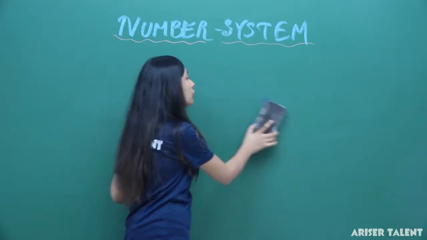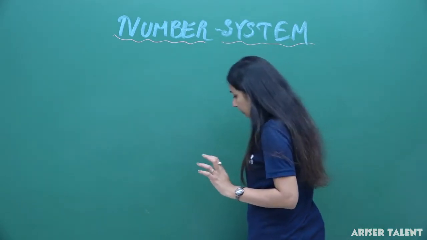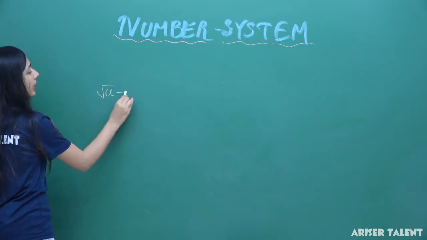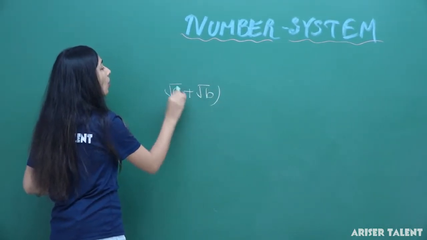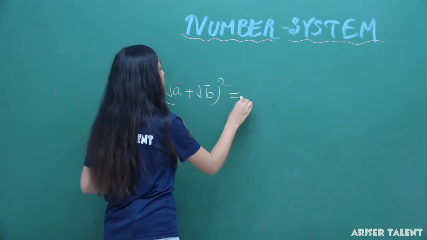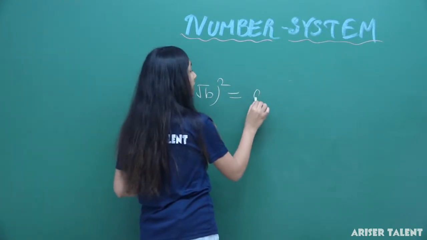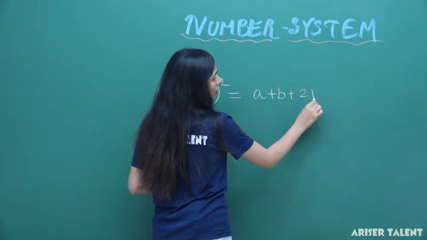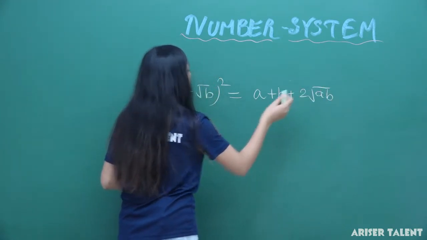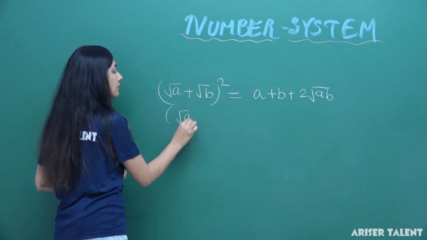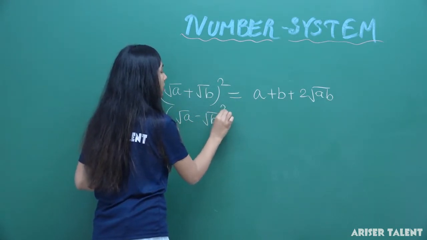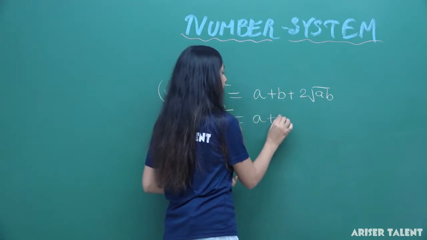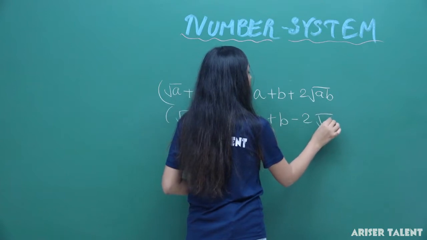Now, we are talking about some identities. In our previous lecture, we talked about (root a plus root b) whole square, and the formula for this is a plus b plus 2 root ab, and in the case of minus, (root a minus root b) square is a plus b minus 2 root ab.